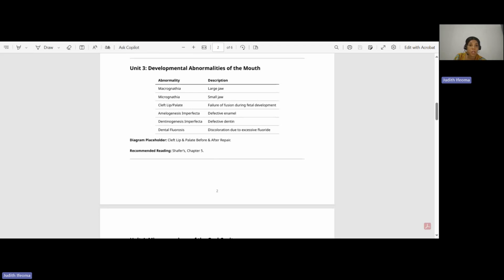But you can check to download these images yourself. Let me quickly show you something, the micrognathia, the small jaw. Stay with me, let me share my screen.